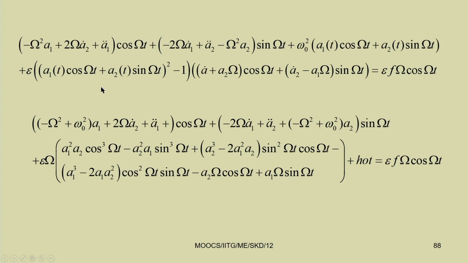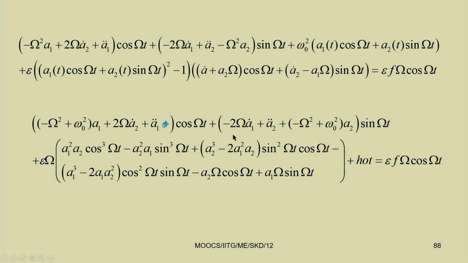Now again simplifying these equations, one can write minus omega square plus omega 0 square a1 plus 2 omega a2 dot plus a1 double dot cos omega t.